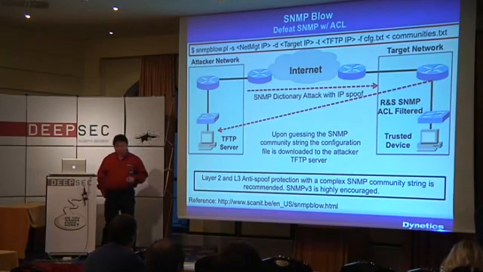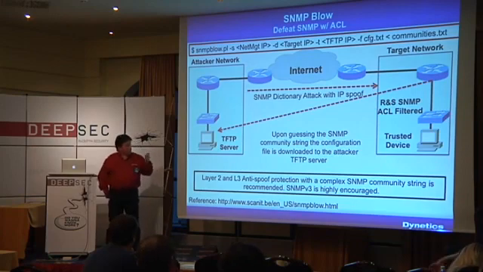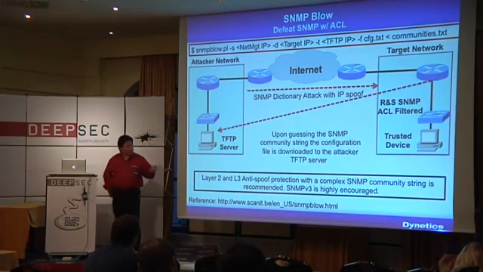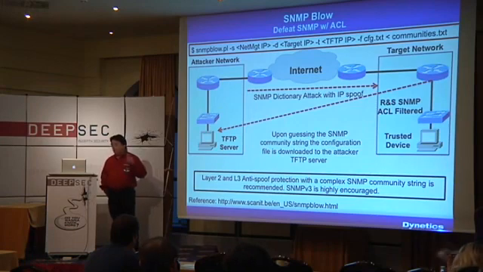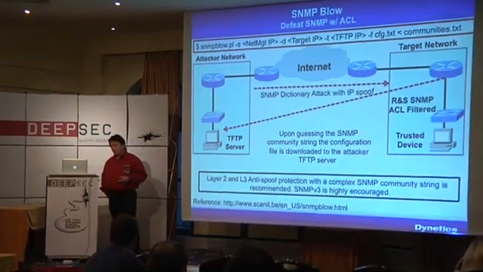If you've done a good job of recon and info gathering against the organization, it's possible you could use a tool like SNMP Blow to create SNMP packets that spoof the IP address of the network management system trusted by your routers here, and feed it a custom dictionary that you developed by gathering intel against the organization.